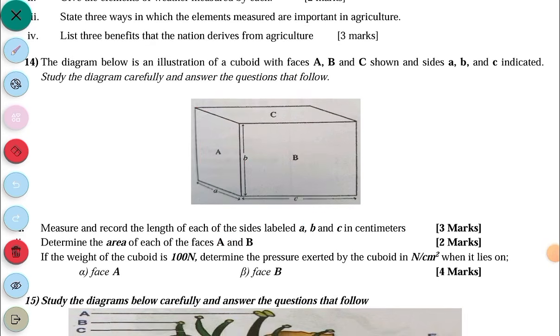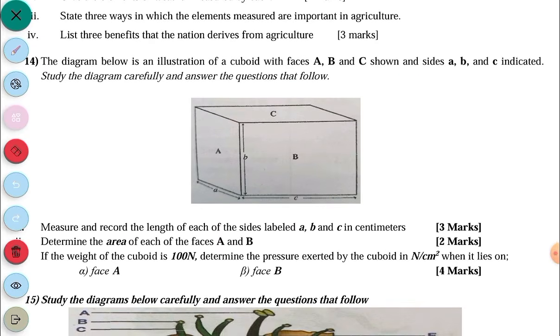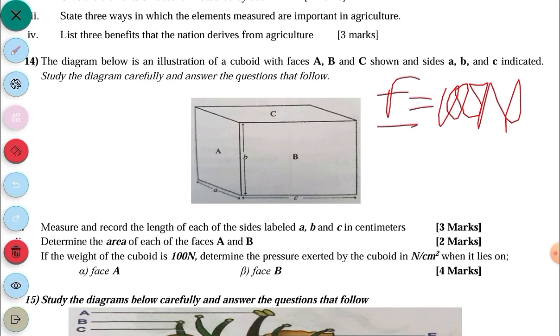The weight of the cuboid is 100 Newton. Weight is a type of force. So it says determine the pressure exerted by the cuboid in Newton per centimeter squared. So it means that your dimension should be in centimeters, which lies on the face of A. So what you are supposed to do is pressure equals force over area.